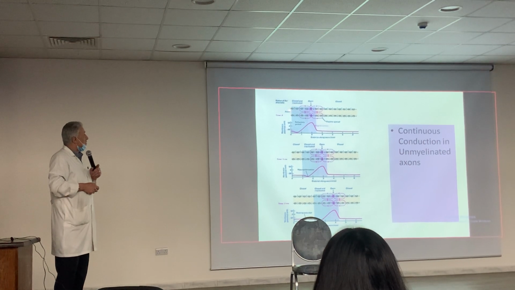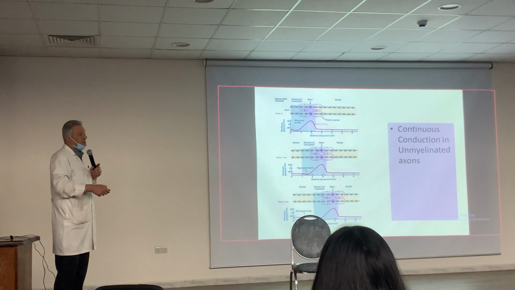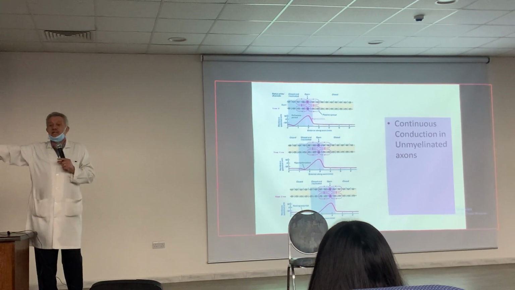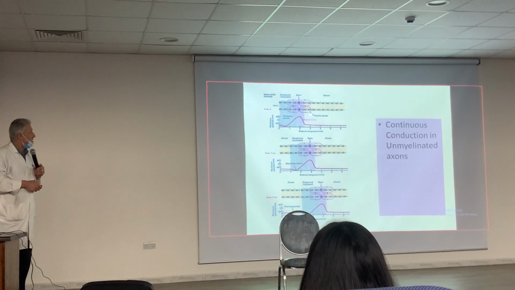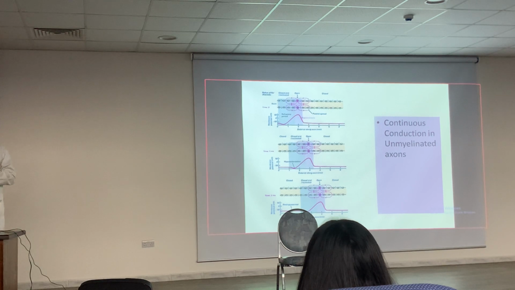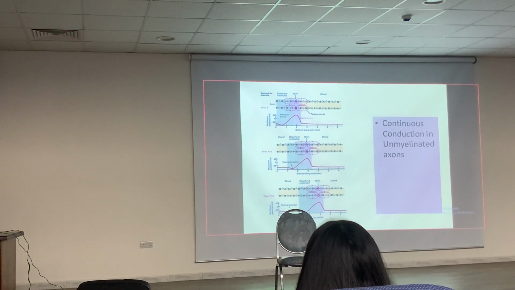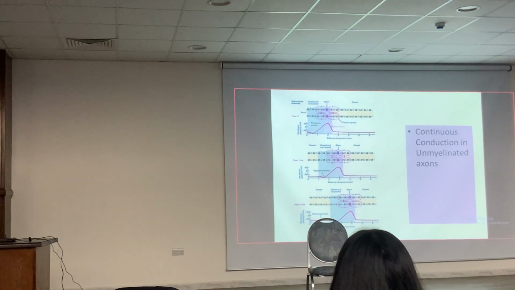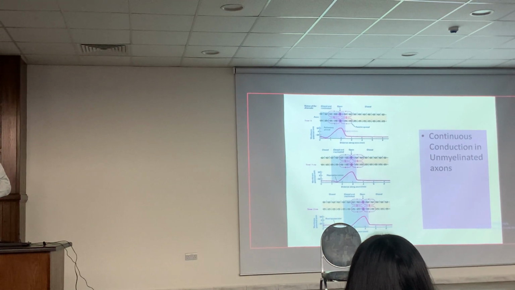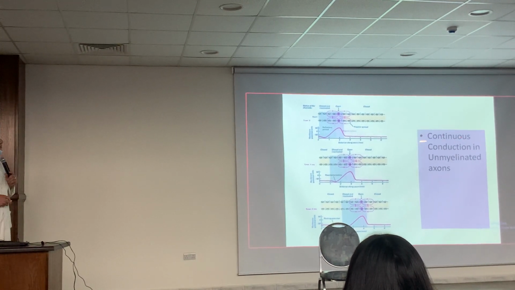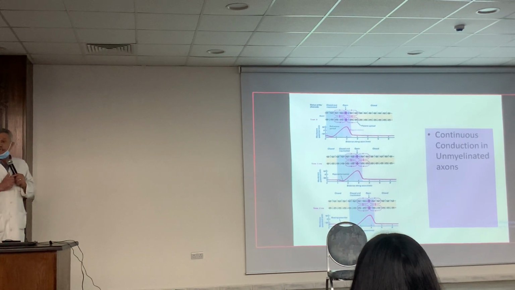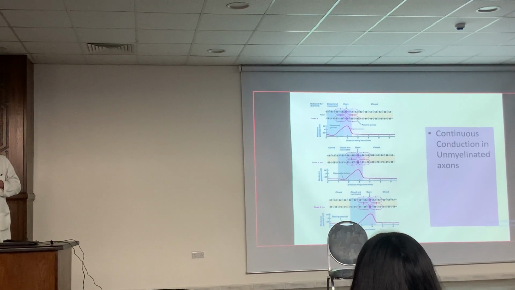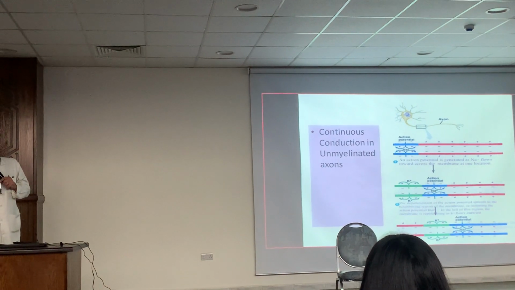So once it's developed in this part, it's traveling toward the terminal of that axon. And that's the importance of the refractory period, to get propagation of action potential in one direction only. So this type of conduction in unmyelinated fiber is called continuous conduction.